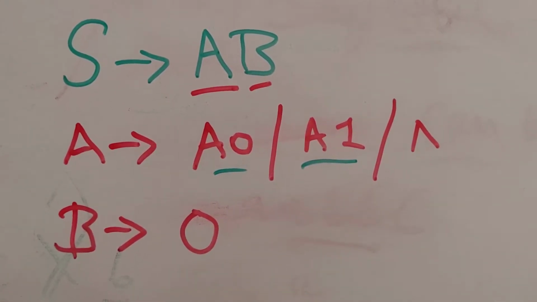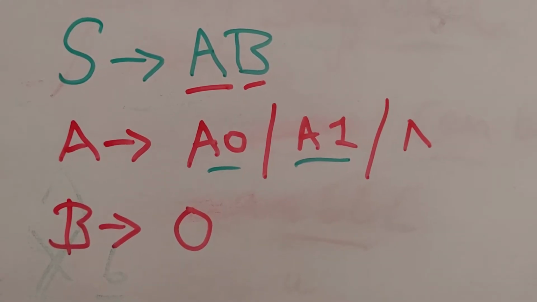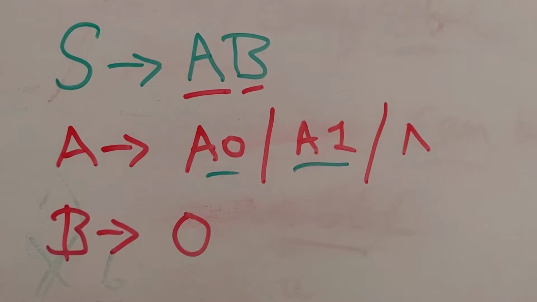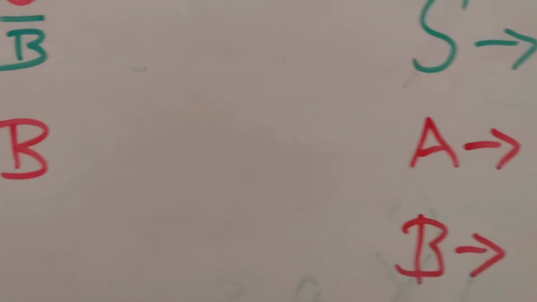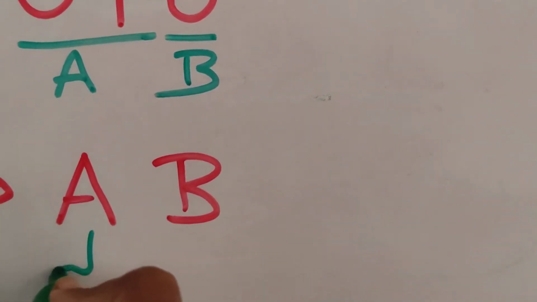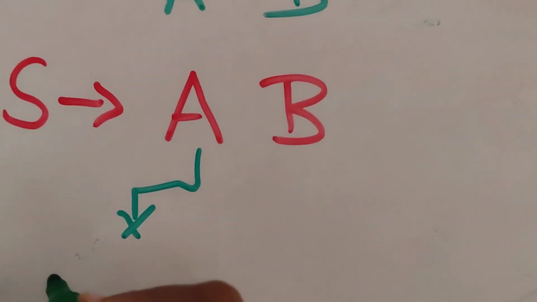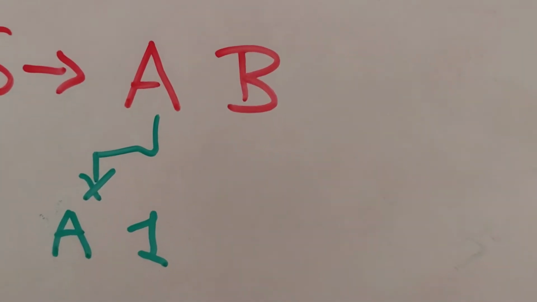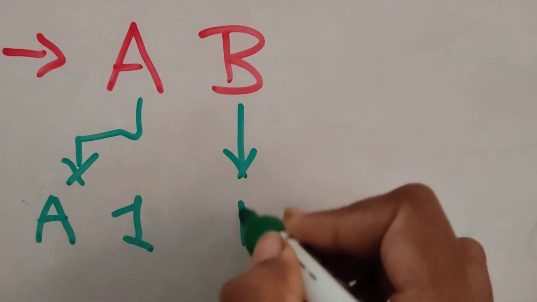Now from A I want to derive 0, 1. So 1 is ending, so I can take the second term, which is A1. From A I will take A1, and B is as it is.